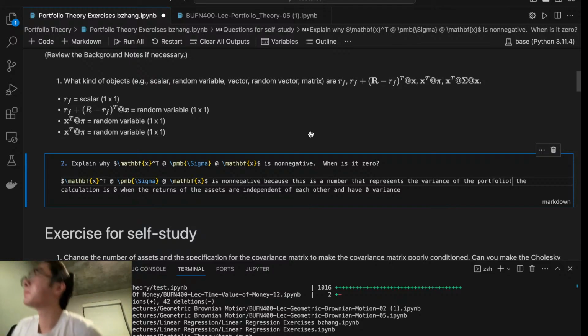Yeah, there's gotta be a better explanation for why that is non-negative, even though.